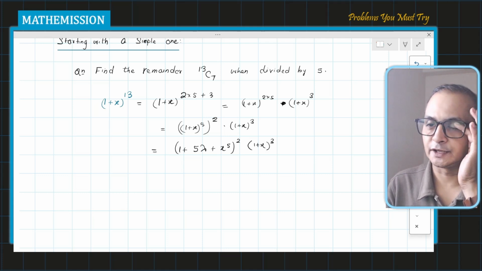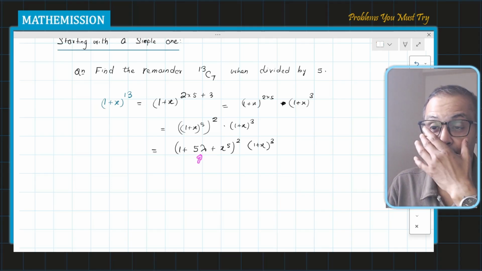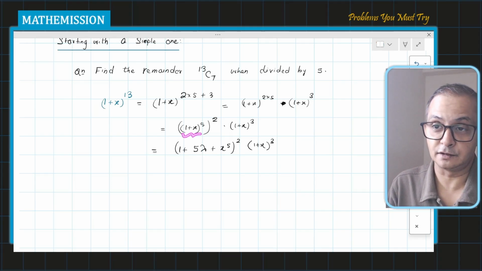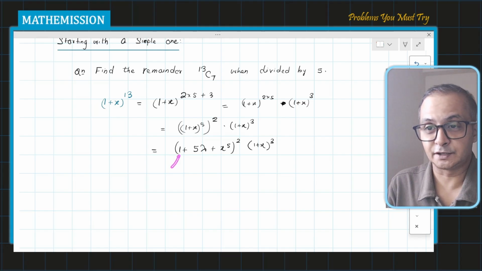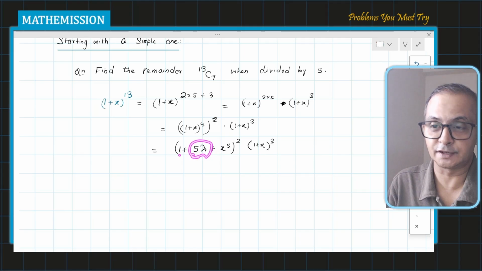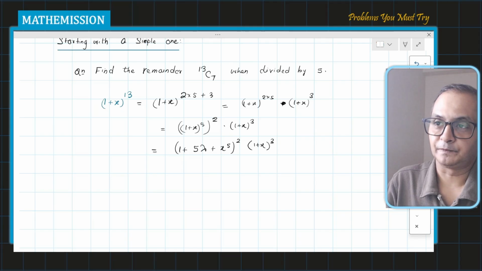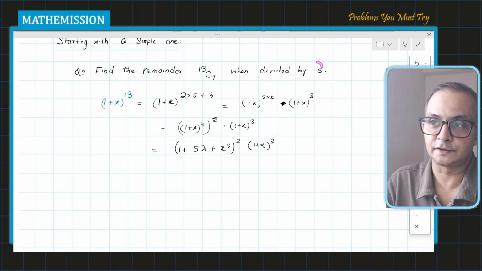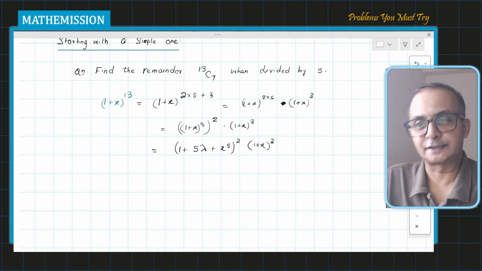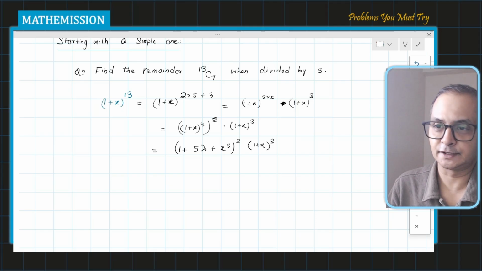Now what I mean to say is 5 lambda, because you notice when I apply the binomial theorem over here, every intermediate term between the first and the last term is a multiple of 5. And 5 is a prime number. By the way, I tell you that this Lucas theorem works only if the divisor is a prime number there. So what will happen if it is a composite number? We'll see again, but let's see first this one.